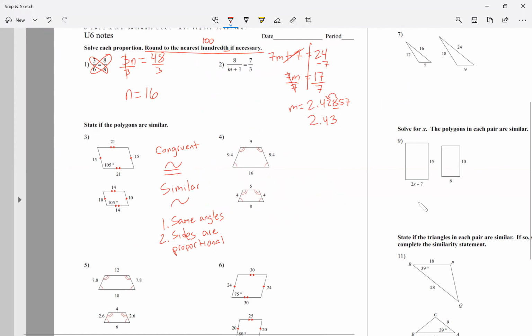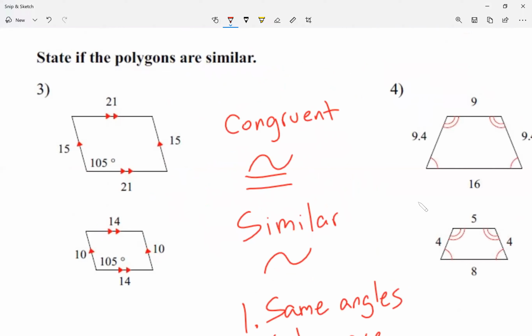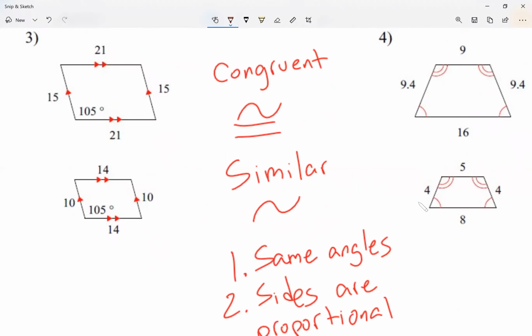So let's take a look. Question number 3. The instructions for questions 3 to 6 are going to be state if the polygons are similar. So I have to say yes, they're similar, or no, not similar. Okay, so angle-wise, the angles that I see, 105, 105, yep, angles are the same.